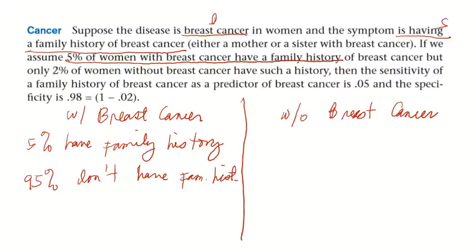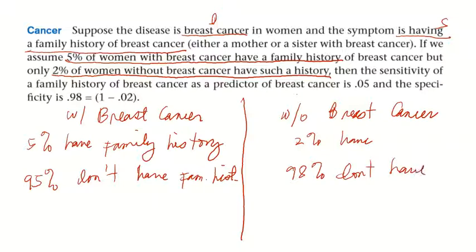What about without breast cancer? How many percent have family history? It's stated here. 2% of women without breast cancer have such history. So 2% have family history. So, therefore, how many percent do not have family history? That's 100 minus 2%, or 98% don't have family history.